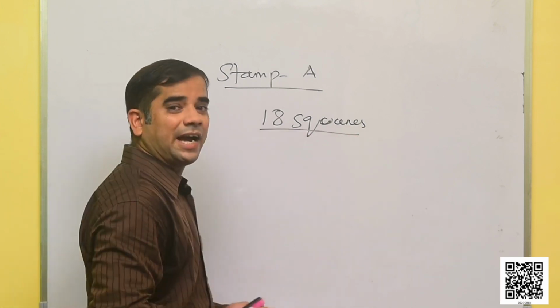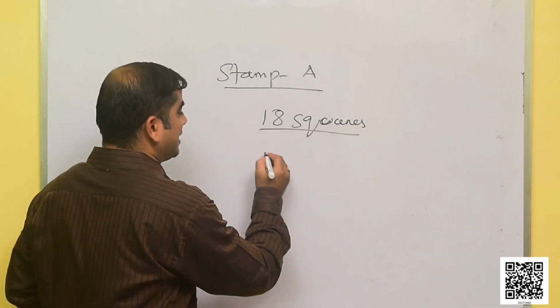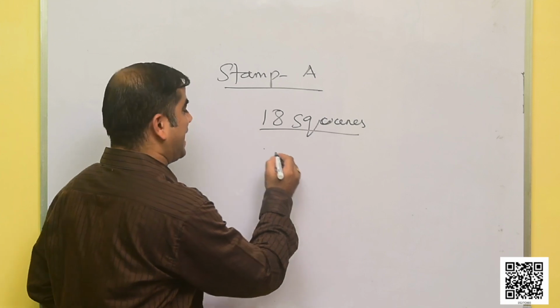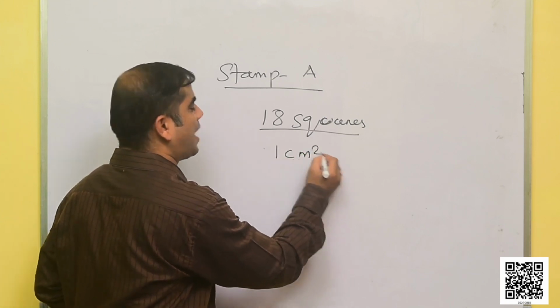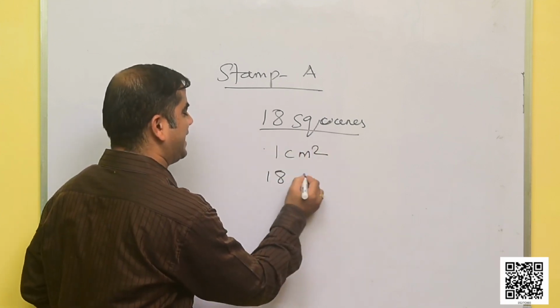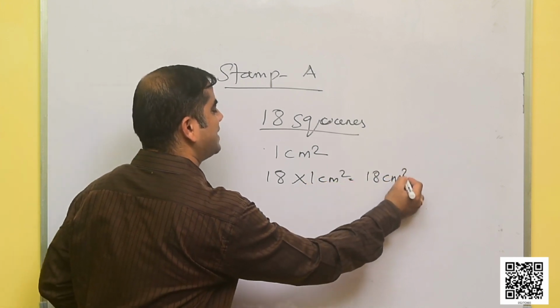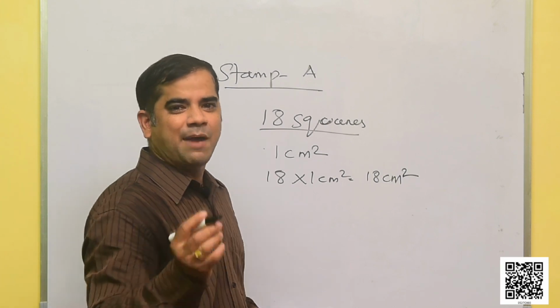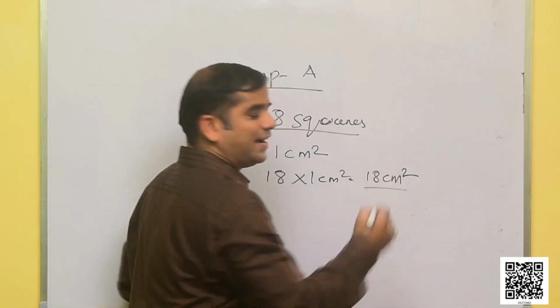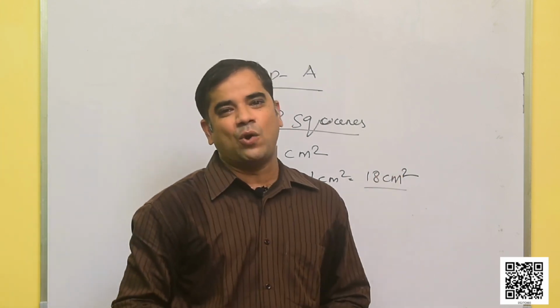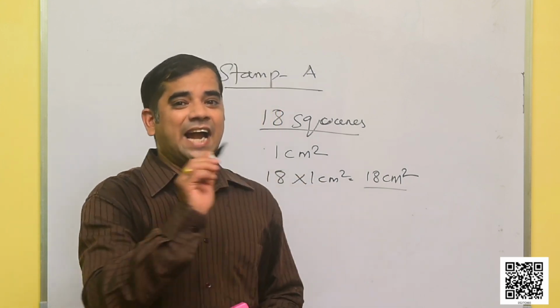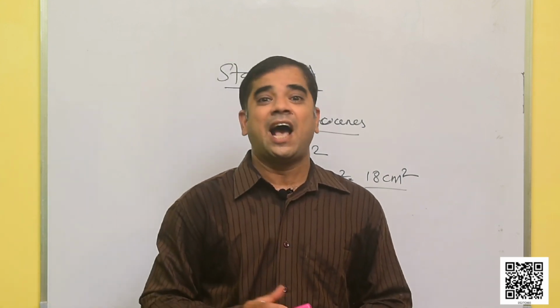So what should be the area of the stamp? Each square is having area 1 centimeter square. So 18 squares means 18 into 1 centimeter square, that is 18 centimeter square. So stamp A has an area of 18 centimeter square. By adding the sides, you can find out the perimeter as well.